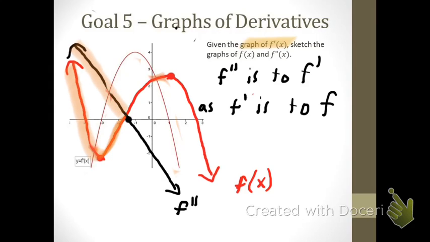And then there's a point of inflection, and so that means the second derivative is equal to 0 there, which you see we said right there. And then after that point of inflection, the graph of f of x was concave down the rest of the way, which corresponds with our second derivative being negative. There's how you look at the relationship between the graph of a function and the graphs of its first derivative and second derivative.